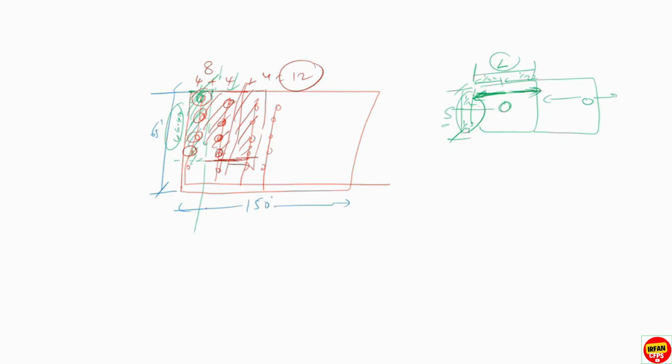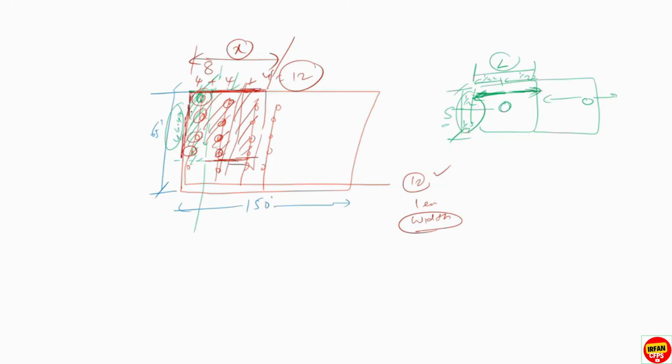Now the one thing you need to remember: 12 sprinklers, you got. Length also, you know. What should be the width? Width in the theoretical sense, I explained how to calculate. But practically, if you look at this one, this x, whatever x we are getting, this is the actual width of the design area.